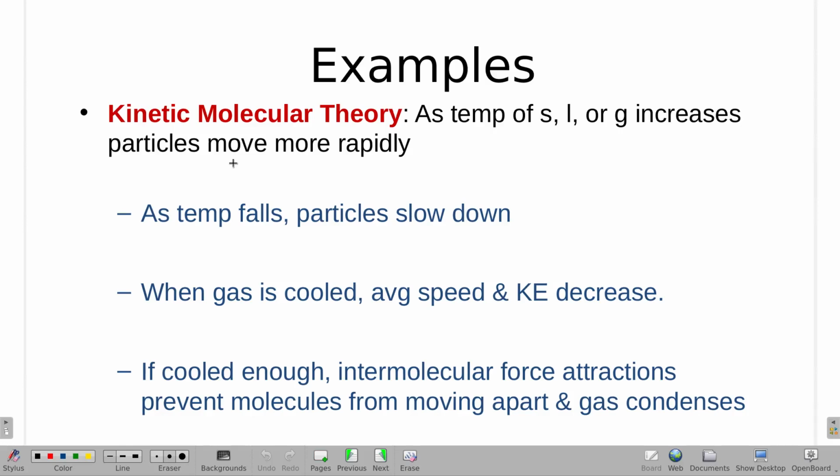What's kind of neat, though, is when we slow that particle down, we will get to the point where eventually the attraction forces are important. And the reason we can still say gases are removed from this is because as soon as the attractions get important, you condense your gas to a liquid. So when it's a gas, the particles are moving so fast that you can ignore those intermolecular forces, but as soon as the intermolecular forces come into play, you've cooled enough, and you are pretty much going to be a liquid or a solid if you cool it enough.